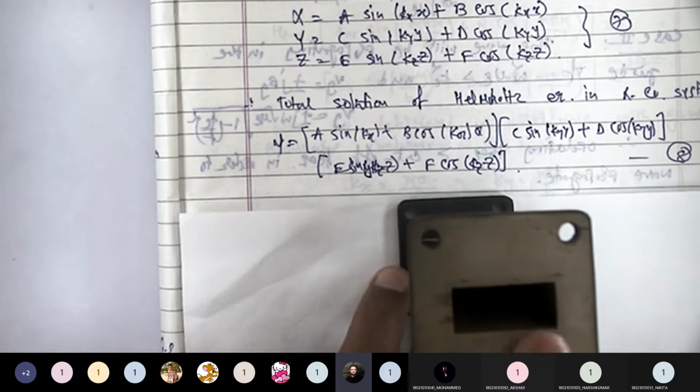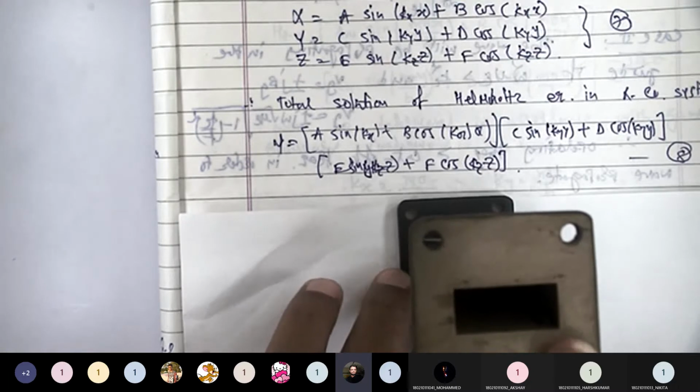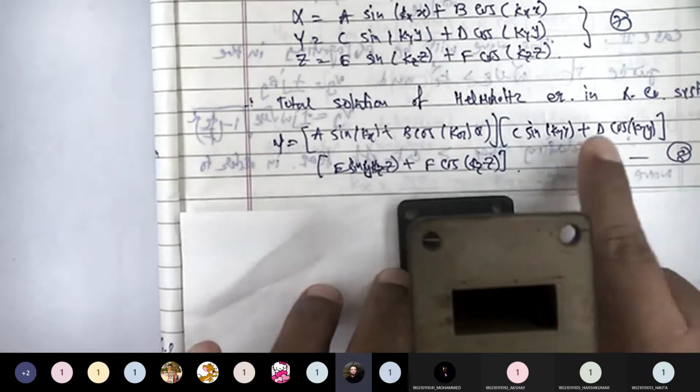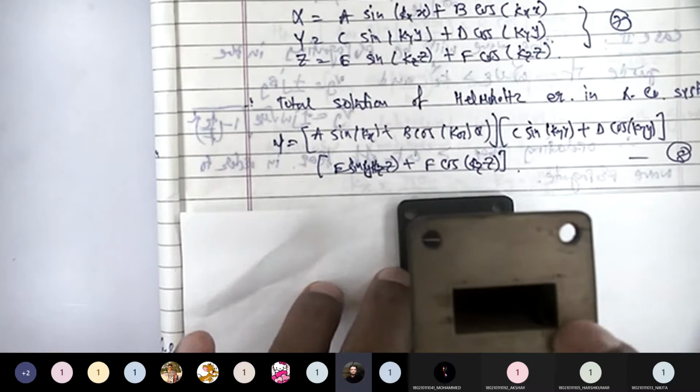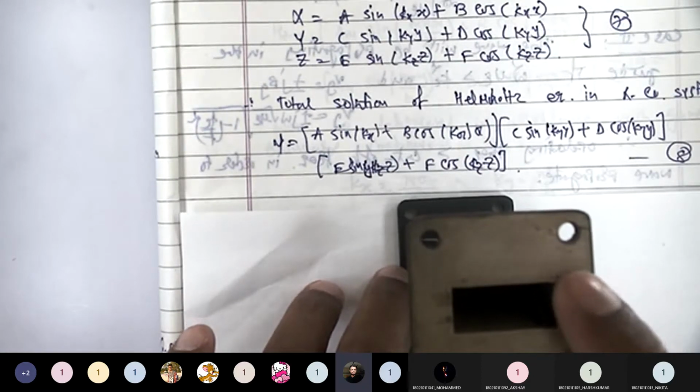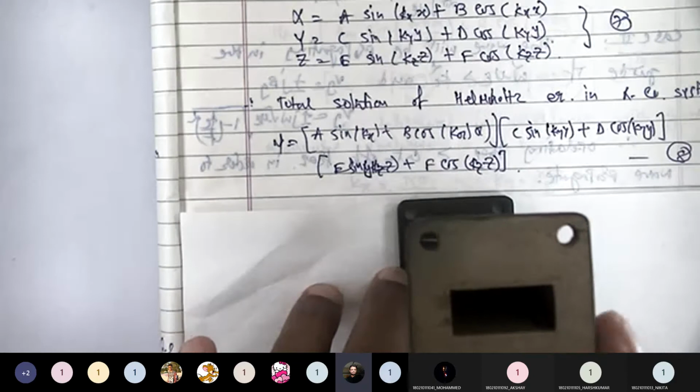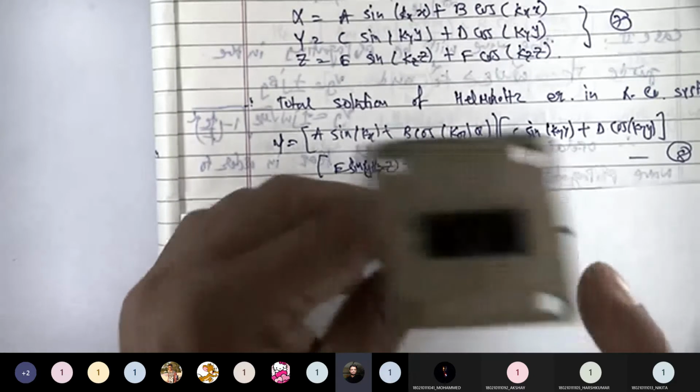So for that case now we have three solutions. One is how the field exhibits or resides in the x direction. The second is how this field resides in the y direction, and the third is how this field resides in the z direction.